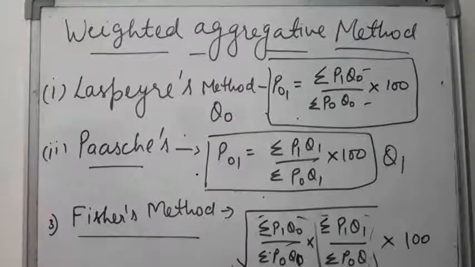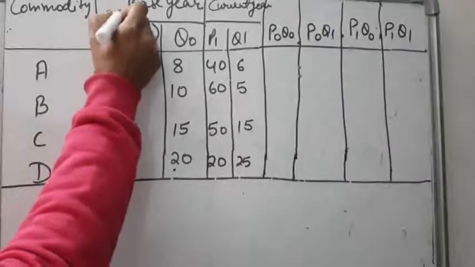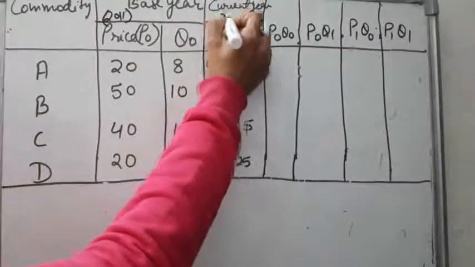Now we will do some questions according to all these formulas so that it will be more clear to us. Here some data are given, one illustration we are taking, and in this the base year is 2011 and current year is 2016.